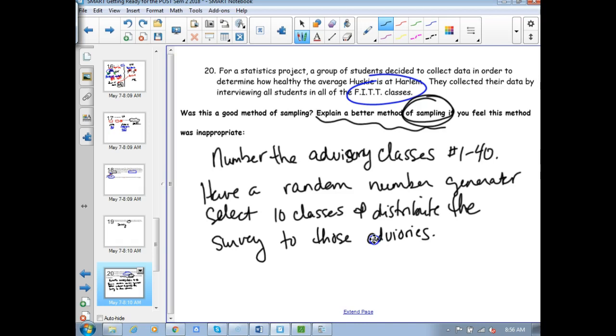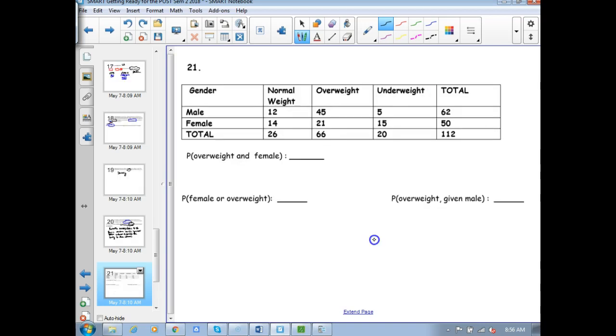So again, ideally you would just survey everybody because we have a small population. However, it did say I had to sample. So you had to choose a method for sampling. And that's always a good go. You guys are really big fans of using the advisories because I think you see that all the time in your own advisory.